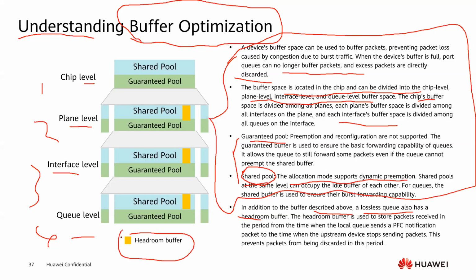This yellow headroom buffer is used to store packets received in the period from the time when the local queue sends a PFC notification packet to the time when the upstream device stops sending packets, because it has a timing variance.